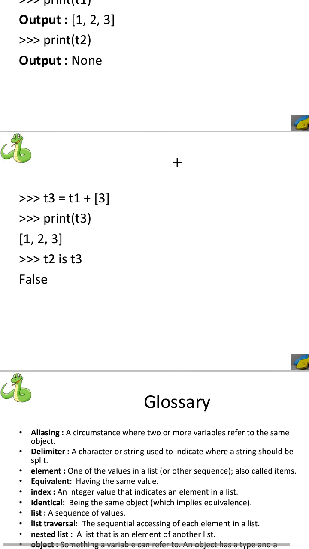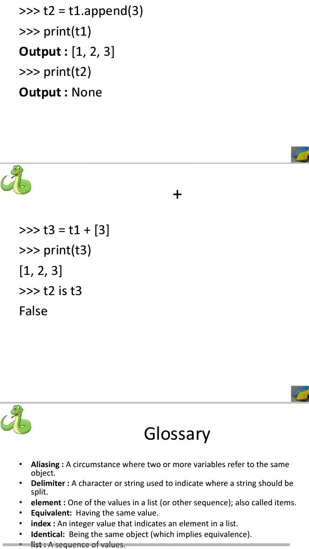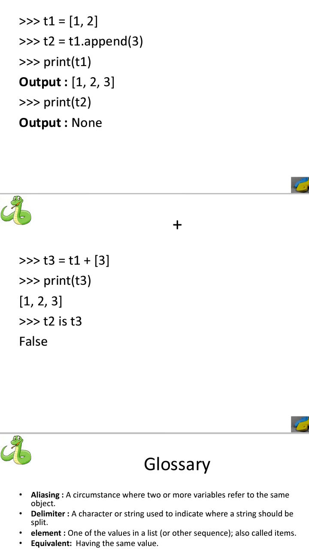If you observe the same thing here, T3 equal to T1 plus another list which has only a single element, the value 3. The plus operator creates a new list, that is T3 in this example, and T3 has the elements of the T1 list as well as the second list.